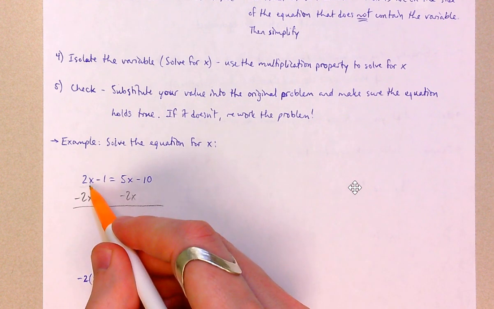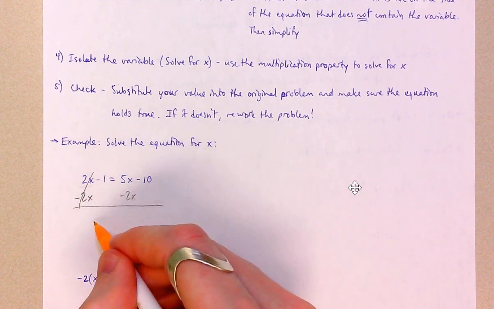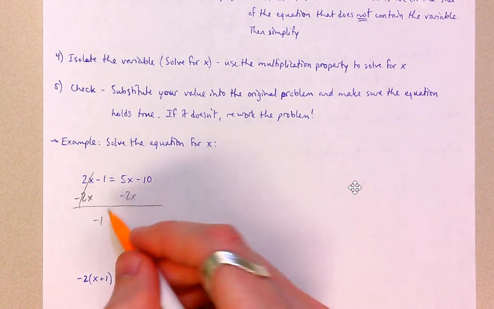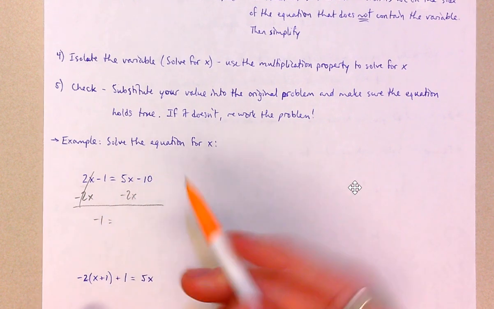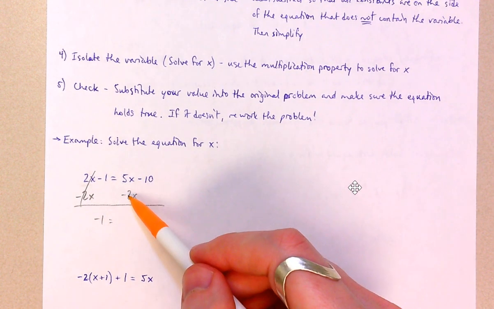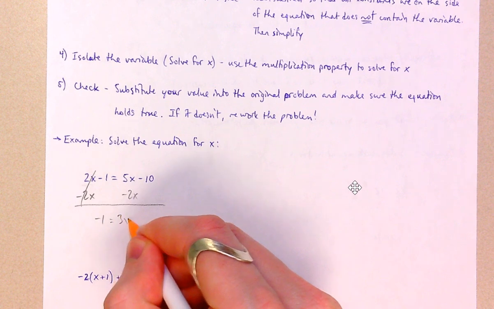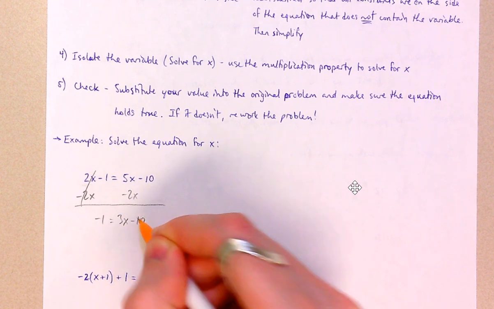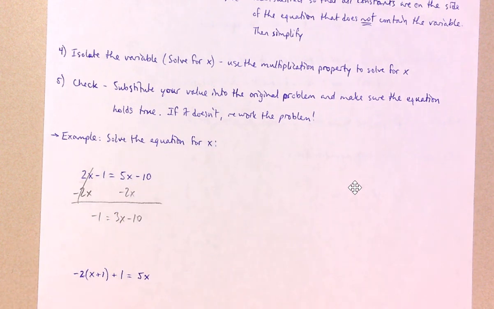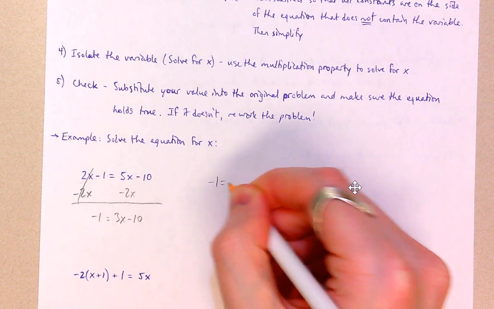So after those are gone, I'm just going to have negative 1 equals, I have a 5x and a minus 2x. I'm going to combine those because those are like terms. And that's going to get me 3x minus 10. And I'll just rewrite that up here so we have more room.